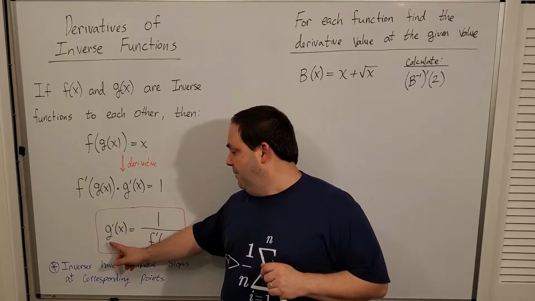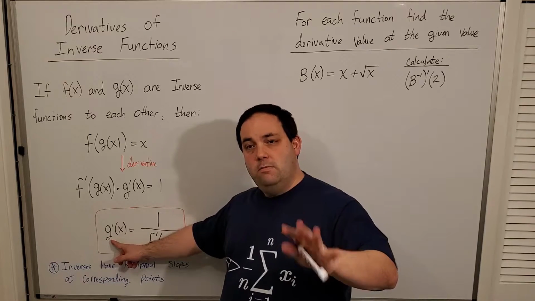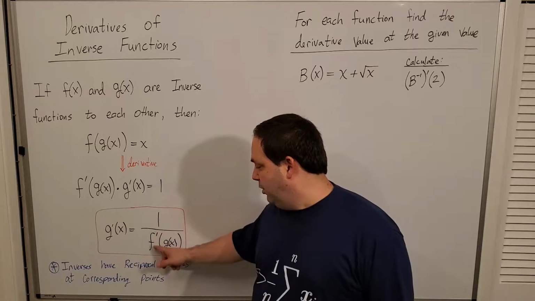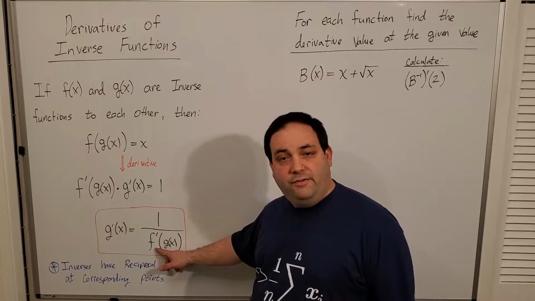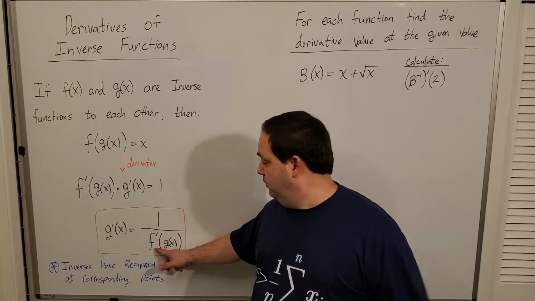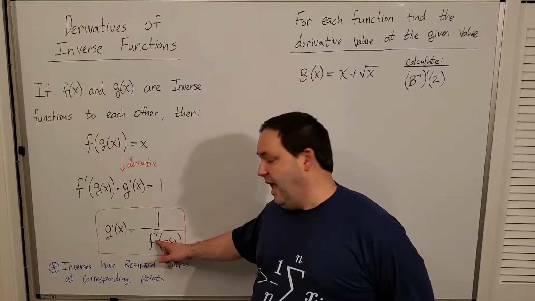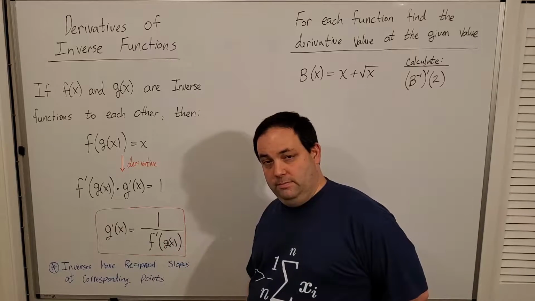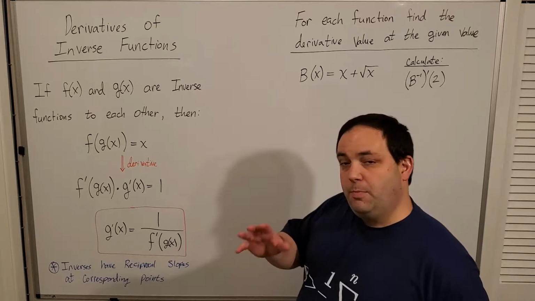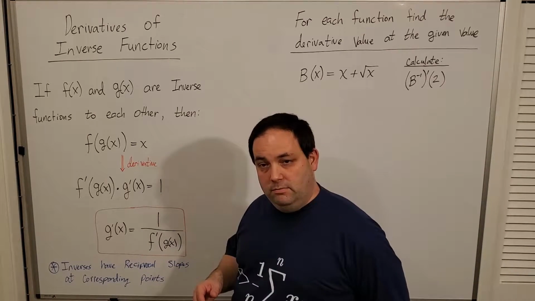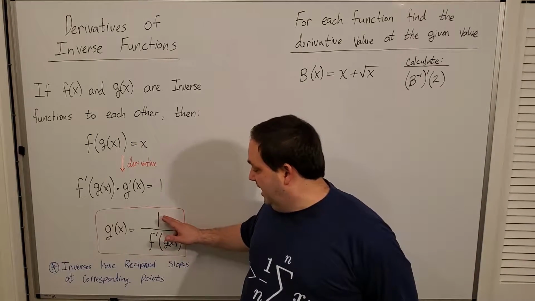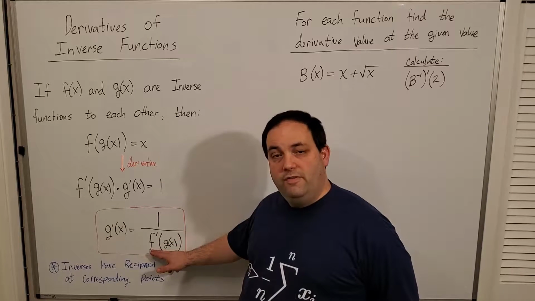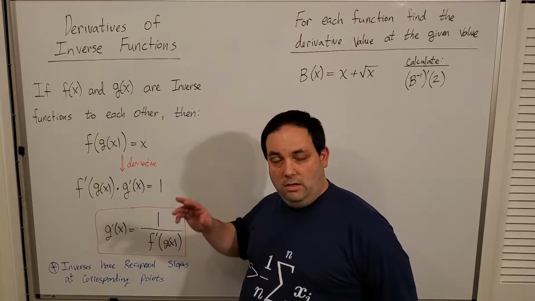Well, then that means the derivative of g is just the reciprocal of the derivative of f. But be careful, it's the derivative of f with the g function as its input. Okay? And that's part of the catch of doing the derivative of the inverse here, right? It is a reciprocal of the original function's derivative.